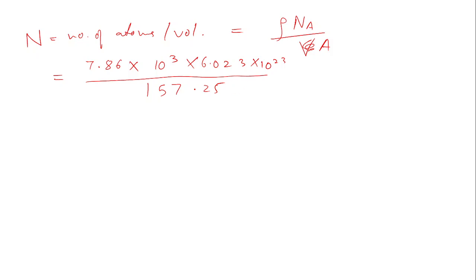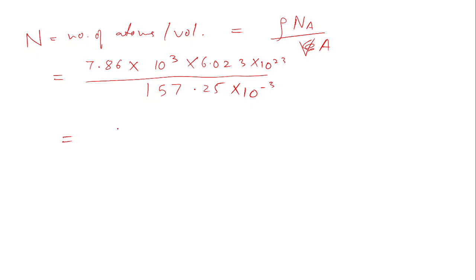Now this is in gram per mole, and when we change it to kg per mole, this will be 10 to the power minus 3 kg per mole.